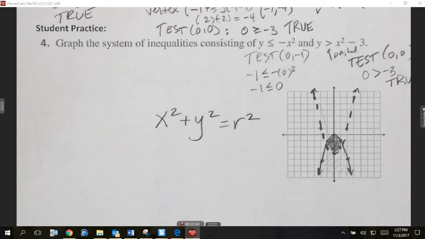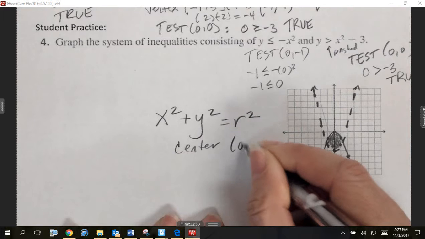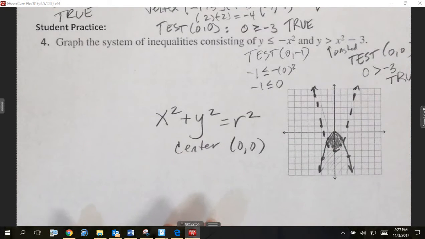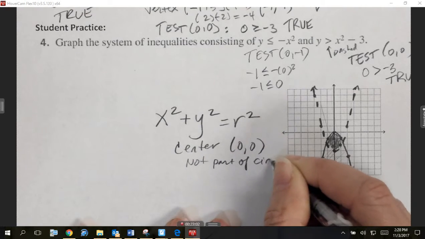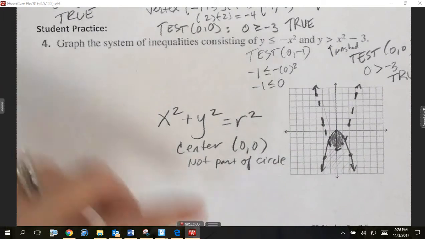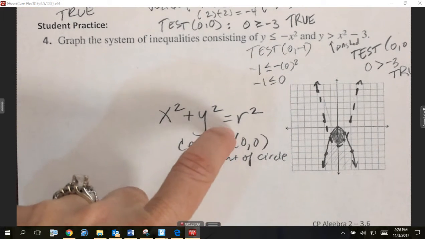With your circles, I haven't given you any transformations. So all your circles will have a center at 0, 0. That's just because I gave you ones without transformations. The center is not part of the circle. But what is part of the circle is from the center, use your radius to find the circle.